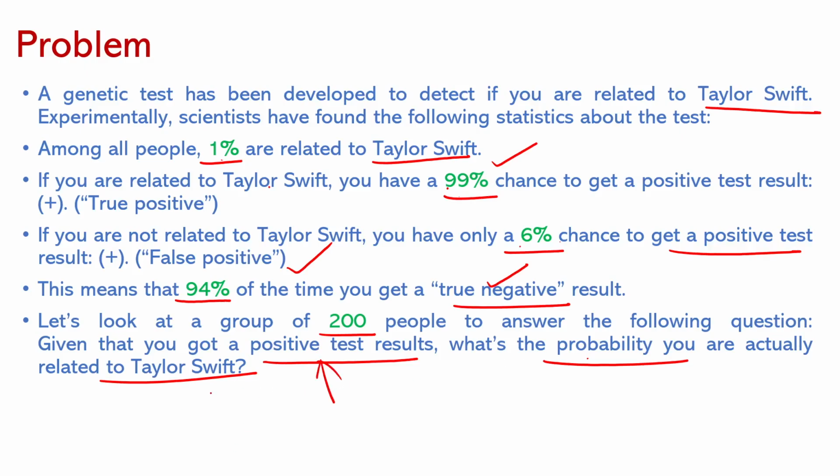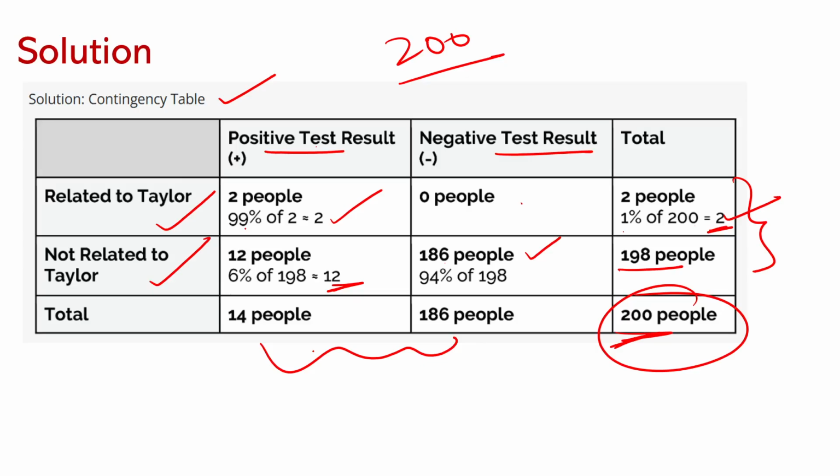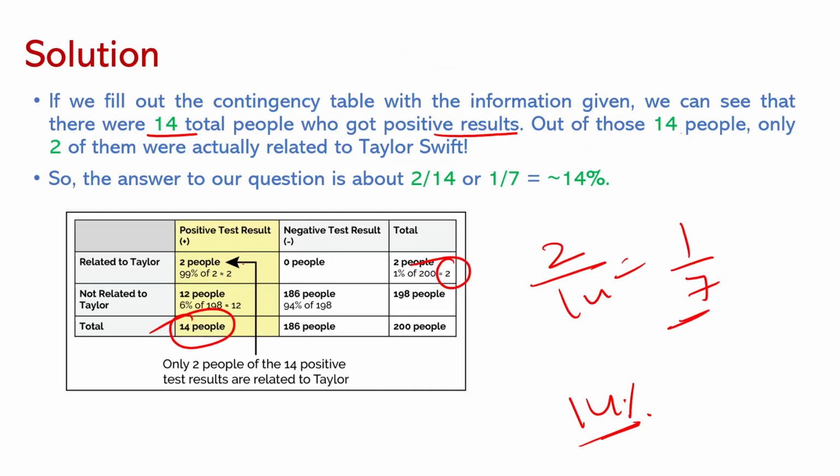From this table we can find that 14 got a positive test result, out of them only 2 are actually related to Taylor Swift. Therefore, 2 by 14, 1 by 7 is the probability that you actually belong to Taylor Swift.